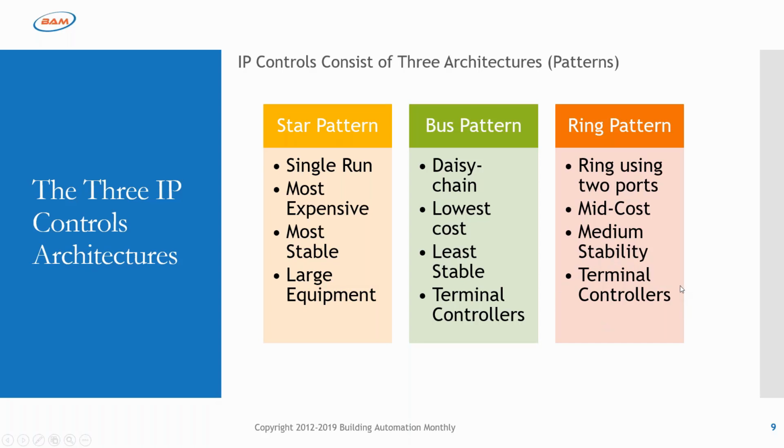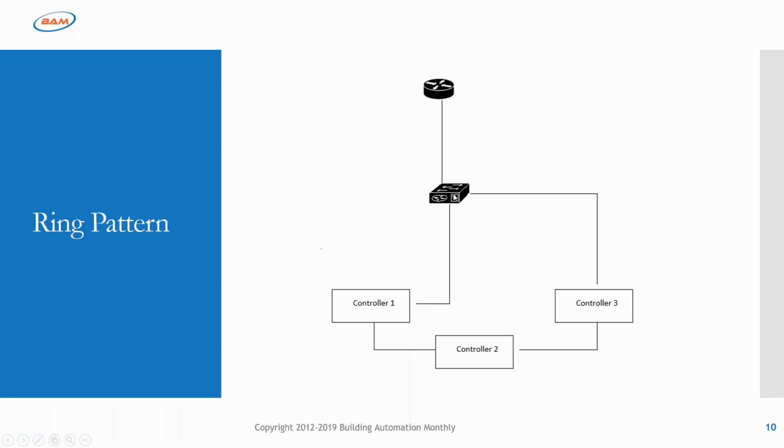This still is primarily utilized for terminal controllers. So what that looks like is a single switch, 2 ports. This is where this concept called rapid spanning tree protocol comes in, and we're not going to go through that. That would take a whole other webinar. But basically it blocks one port in software from being open, and then you have another port that is open.